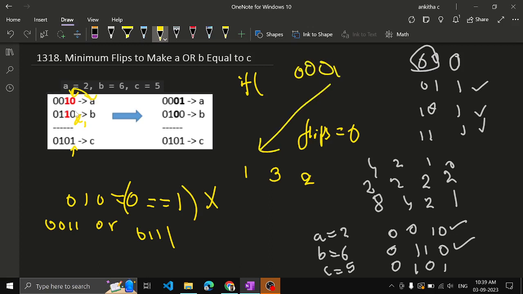Again, if you right shift this by one position, this will give you 0, 1, 1, and 1, 0 over here. That is nothing but 3. If you right shift this by one position also, this will be 0, 1, 0, which is nothing but 2. Got it? So right shifting means dividing by 2. If you do left shift, you are multiplying it by 2.